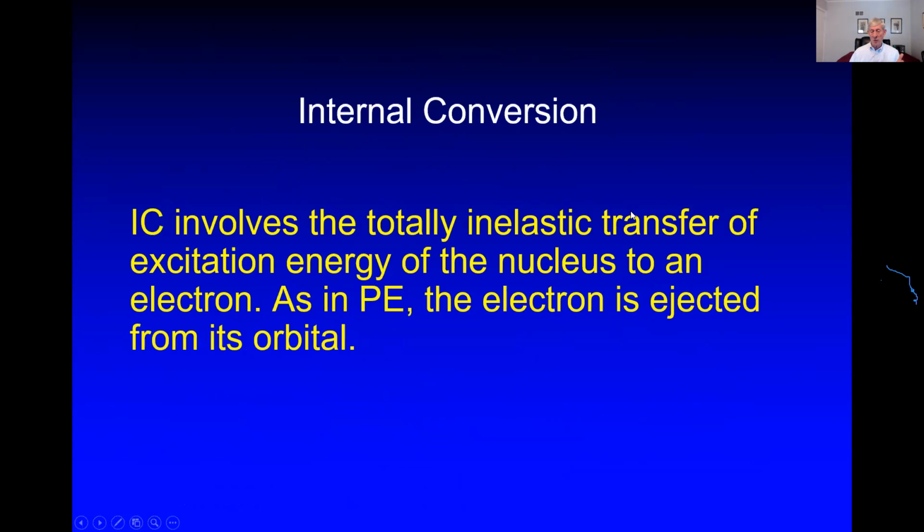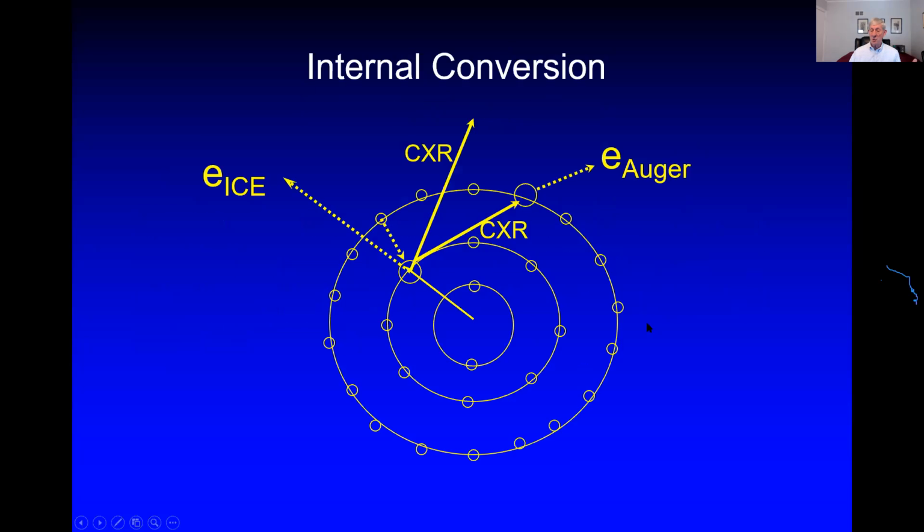That is going to be a totally inelastic collision. And here's your diagram. The only line that's different is this one right here. Remember that in photoelectric effect, a photon came from outside the nucleus, hit an electron, ejected it. Here, the energy leaves the nucleus and knocks out an inner shell electron.